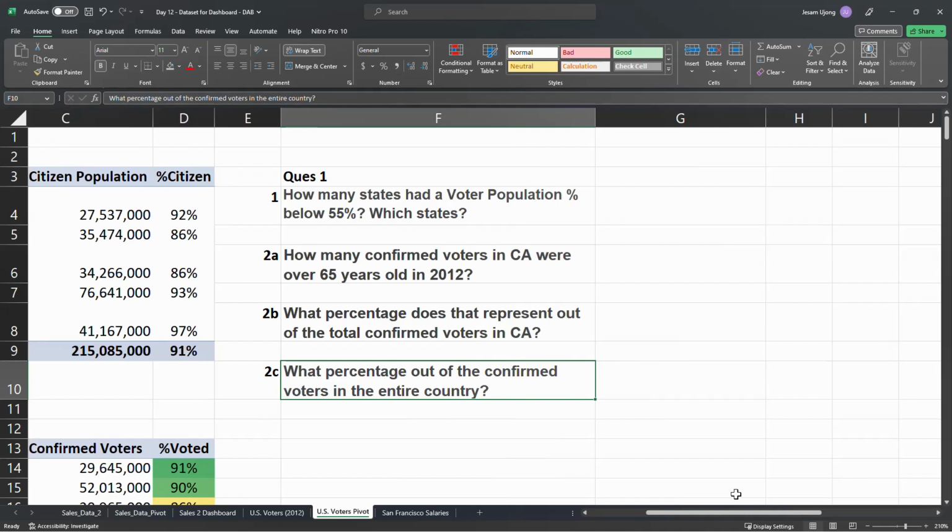So, what percentage of the confirmed voters in the entire country did the above 65 years old confirmed voters in California represent?